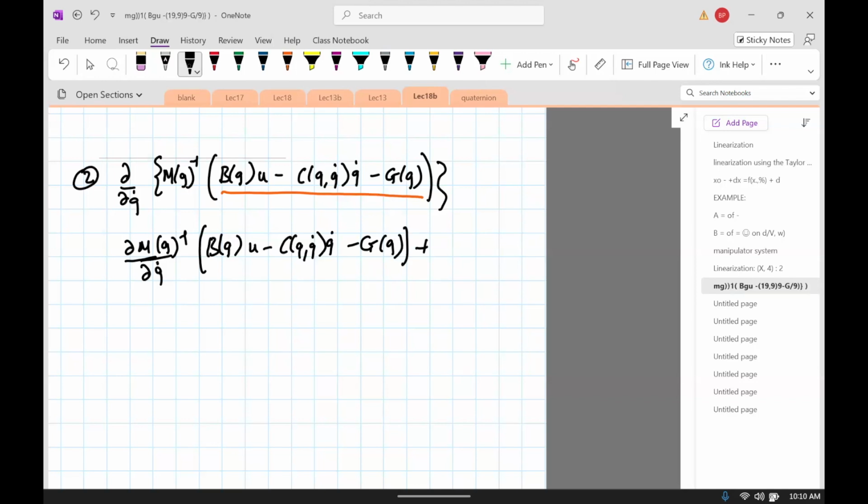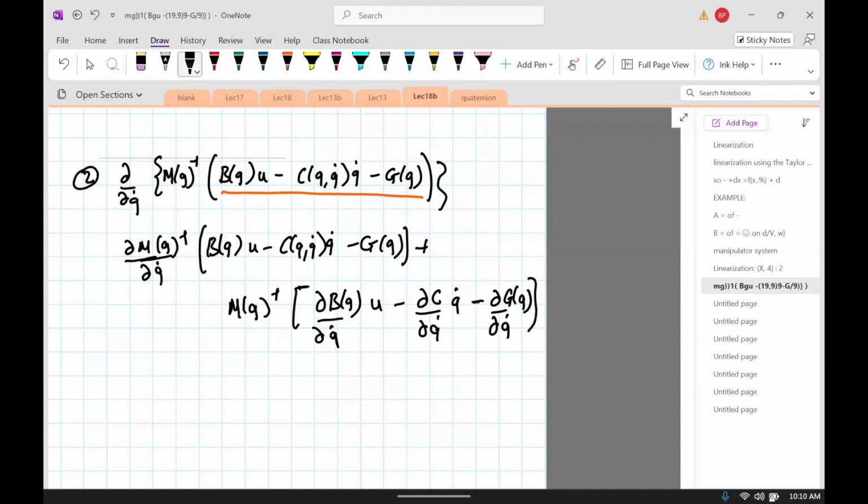And then we take the derivative of the second term, keeping the first term as is: dB(q) dq dot, u minus dc dq dot times q dot minus dg dq dot, a function of q. Okay, now let's see if we can simplify this a little bit further.